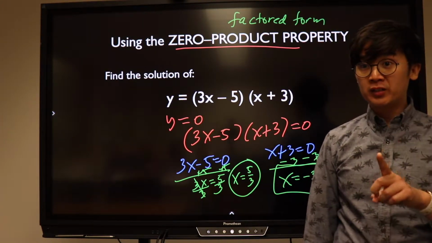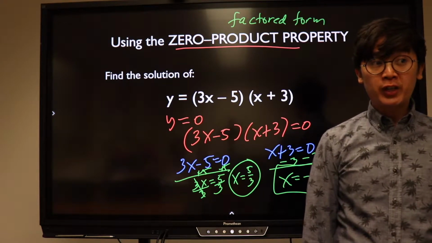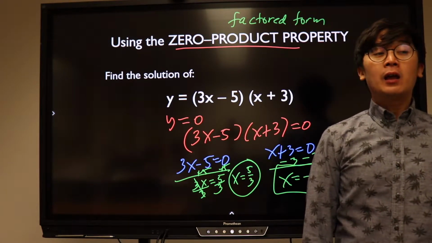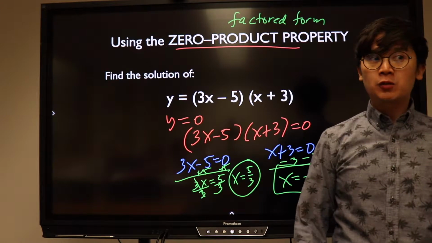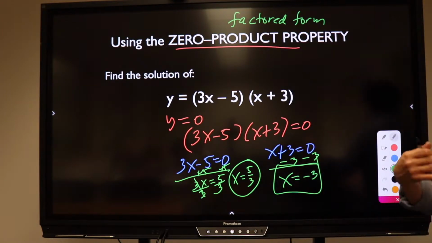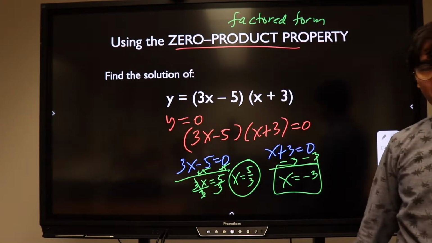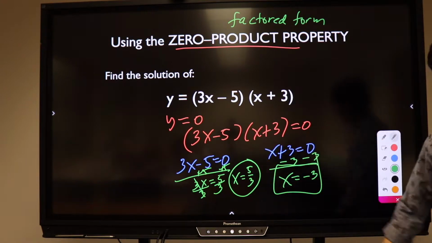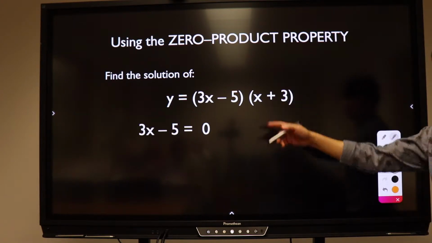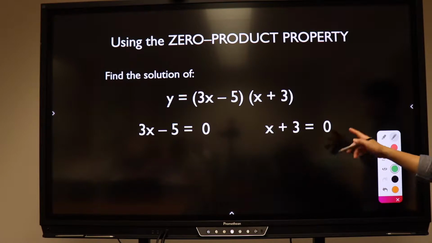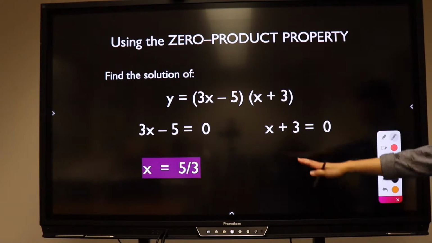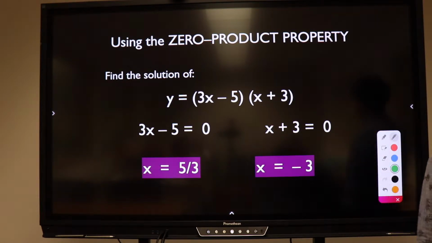It's extremely important you know how to factor because before you can use ZPP, your y or f of x needs to be in factored form. This one is still easy because it's basic algebra; you're basically solving a simple linear equation. 3x minus 5 equals 0 and x plus 3 equals 0. You have 5/3 and you have -3.